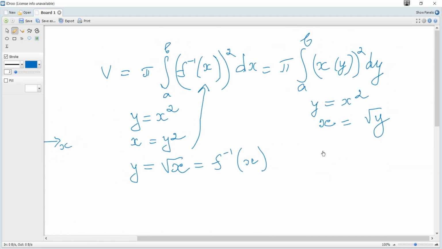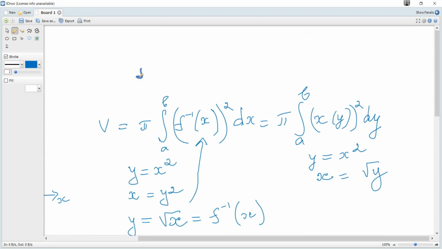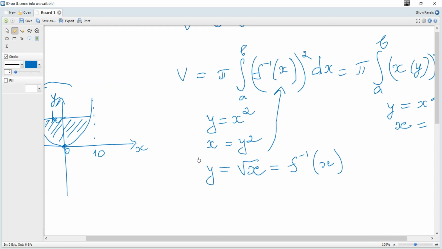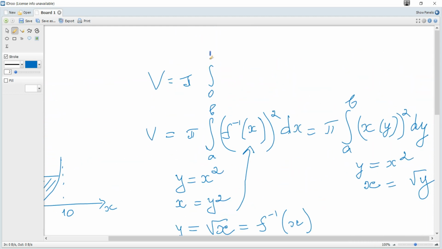And we get that it becomes what? Pi, volume is pi, integral, limits on the y-axis, and we can see that limits are from 0 to h. So integral from 0 to h.